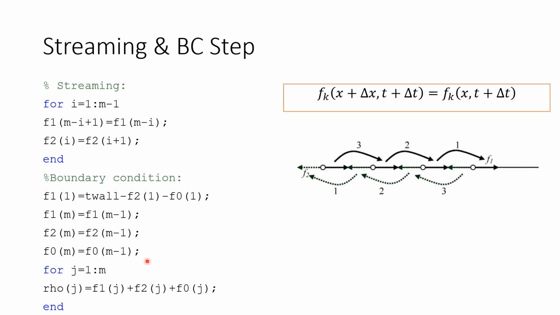So after we update all of the distribution functions, we can get the temperature, which is rho, which is equal to the sum of all of the distribution functions.